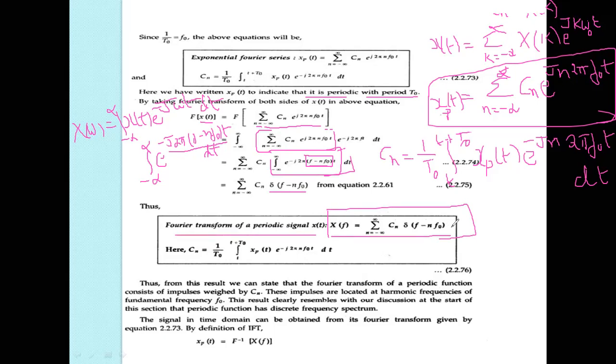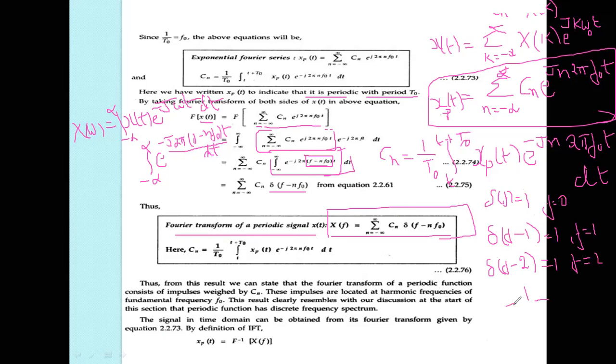The delta function you can match. Suppose delta of f is equal to 1 for f equal to 0. Delta of f minus 1 is equal to 1 for f equal to 1. Delta of f minus 2 is equal to 1 for f equal to 2.